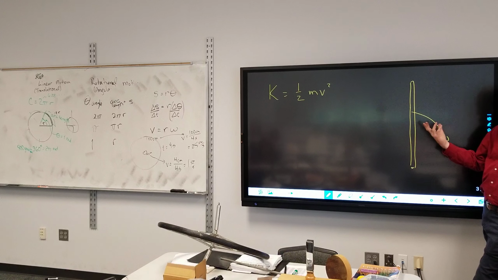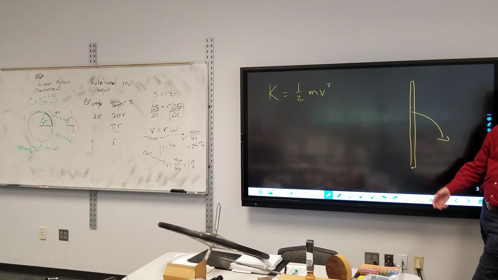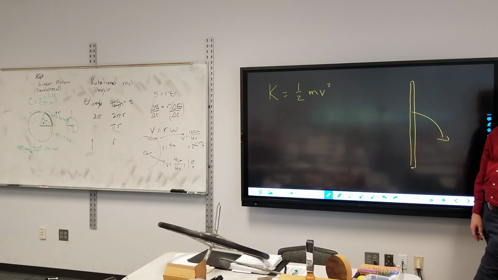What would be a nice estimate, do you think? The average. Okay, so the middle. The middle would be the average speed. Is that good for you? Yeah. All right, so you can pick the middle.